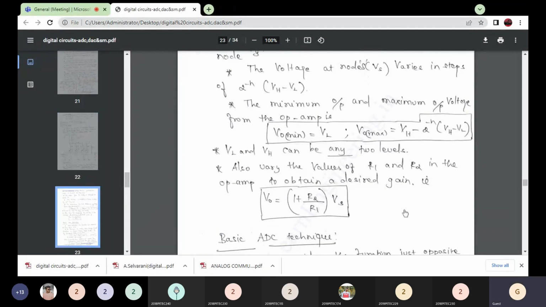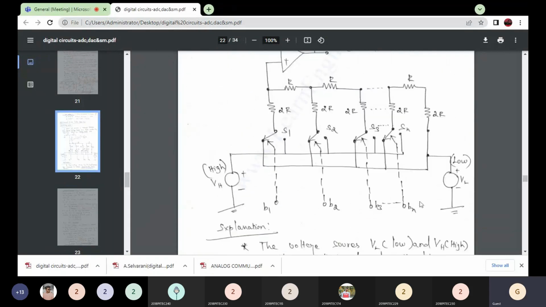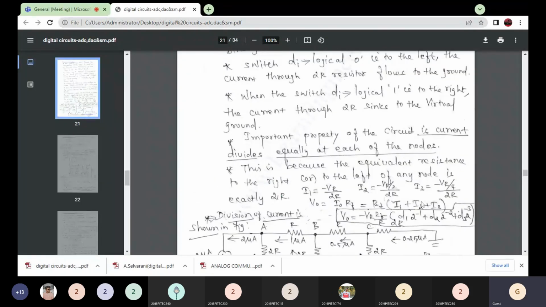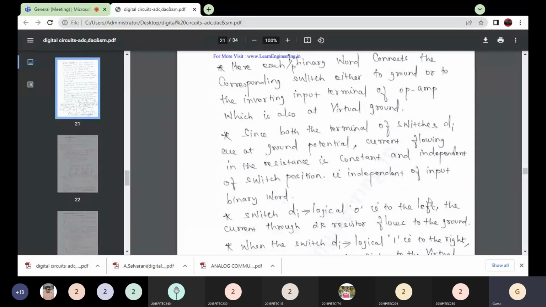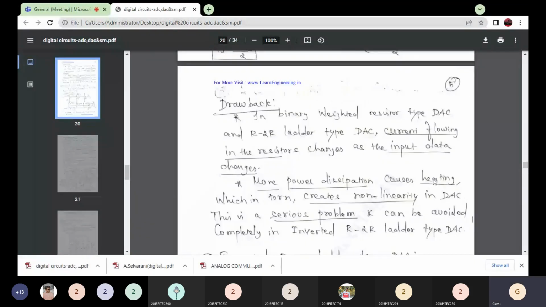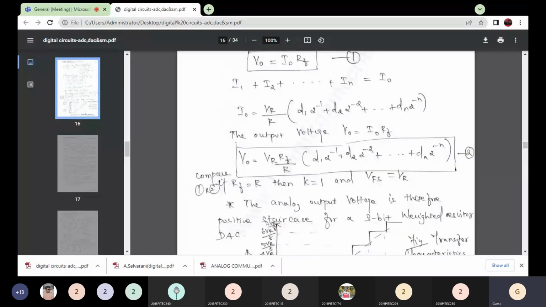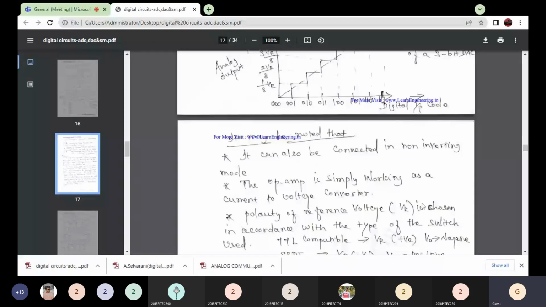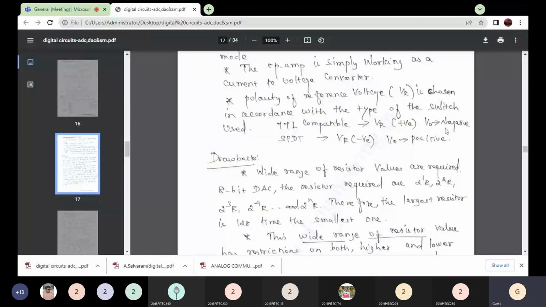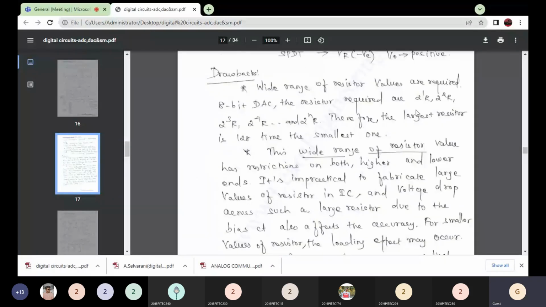Up to now we have discussed different types of digital to analog converter. First we discussed the binary weighted resistor type, and R-2R, which I just revised. The binary weighted type has one main disadvantage: the binary weights increase as 2 power 1, 2 power 2, 2 power 3, up to 2 power n.